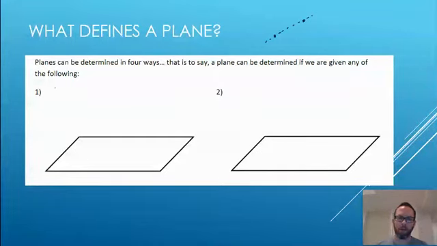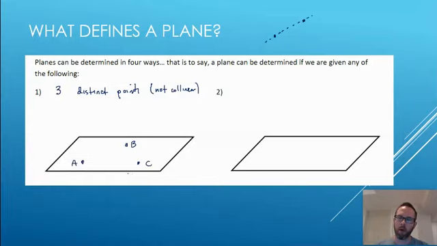Well, the first is you have 3 distinct points, and I'm also going to add here that these 3 points cannot be all collinear. So if you have 3 points, A, B, and C, those 3 points uniquely define a plane.